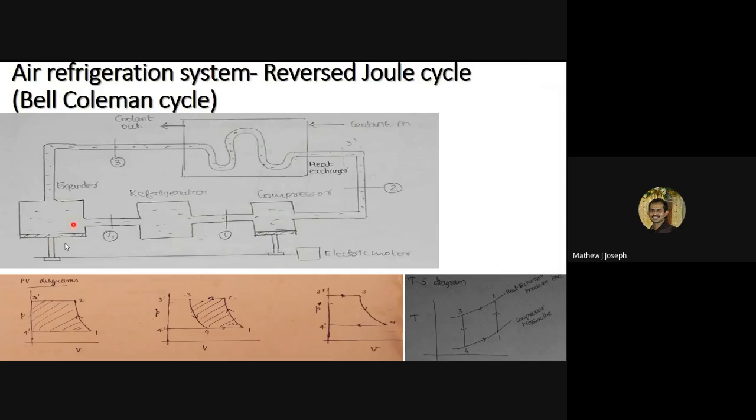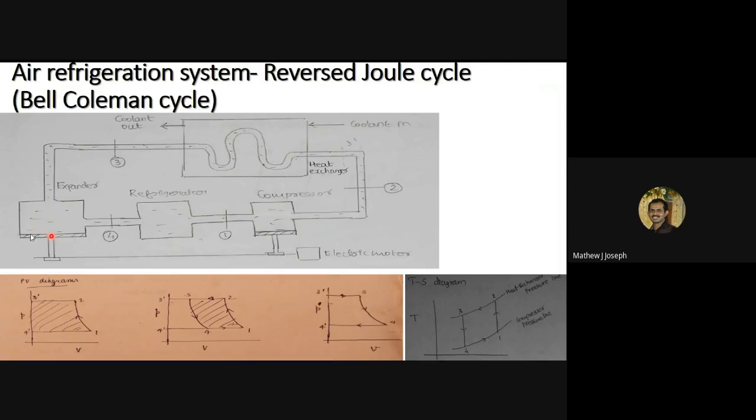But in our actual modern day refrigerator, we may not find an expansion device in the form of an expansion cylinder. Instead of a piston cylinder arrangement, it can be a simple one-way valve or a throttling valve, which will serve the purpose of the expansion.